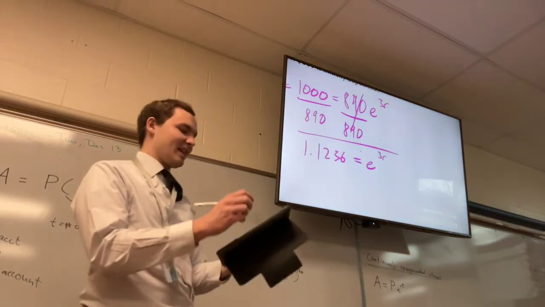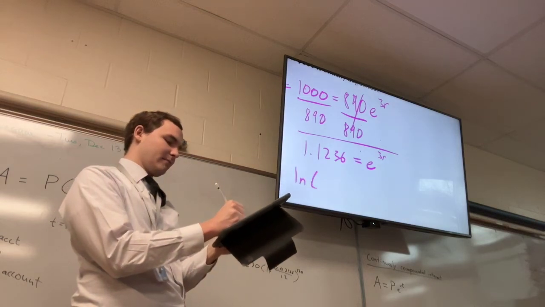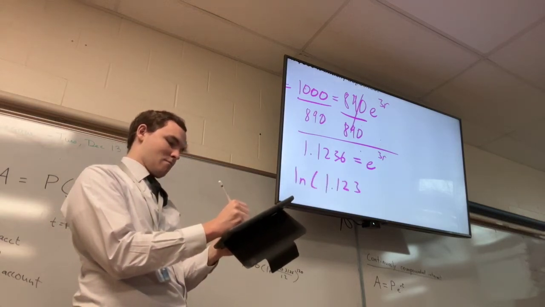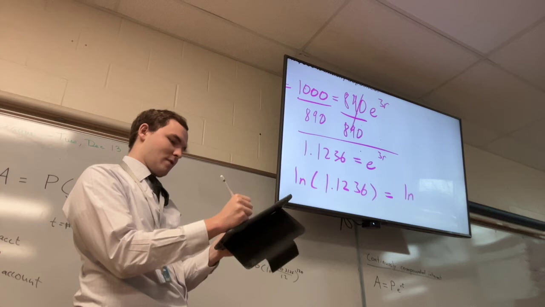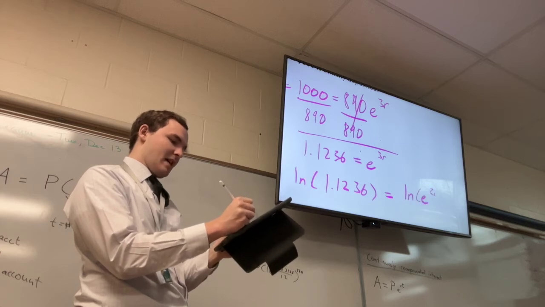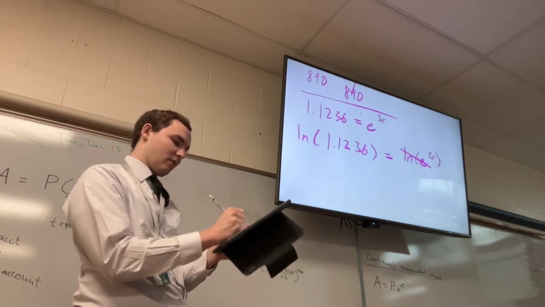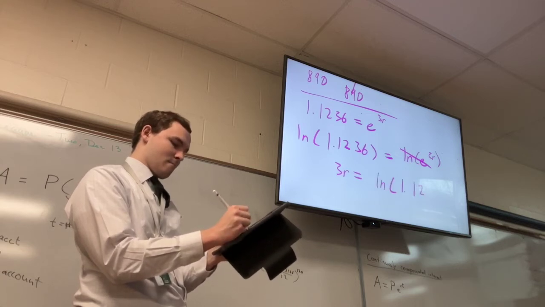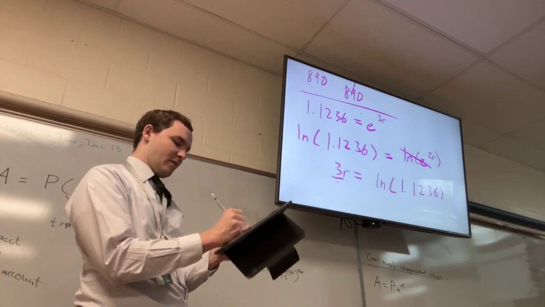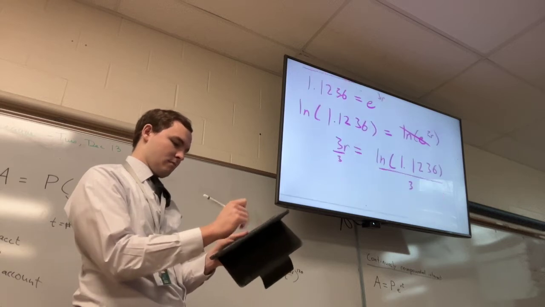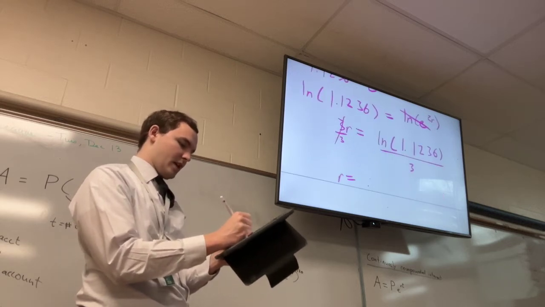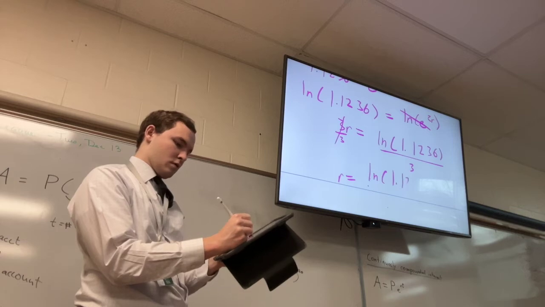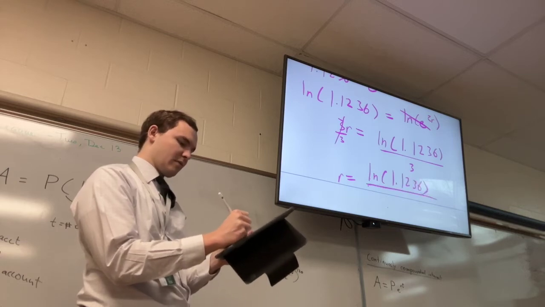Do the log of both sides. Yep, we do the log of both sides. Okay, so an ln is going to cancel with my E. We're going to have 3R equals that log there, so we divide by 3. Okay, so R equals ln over 3.